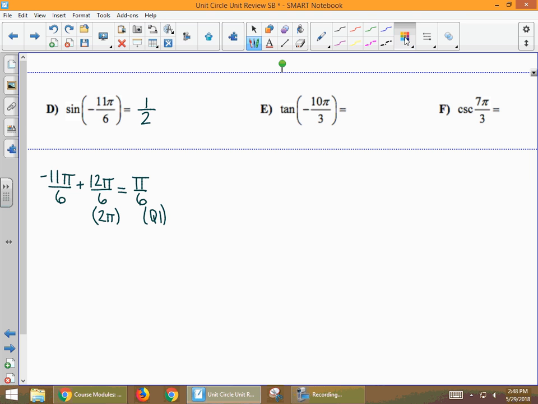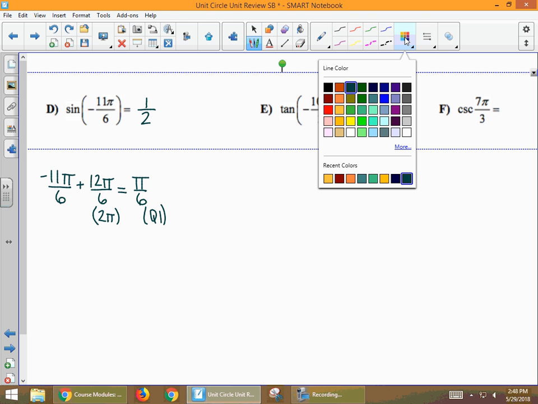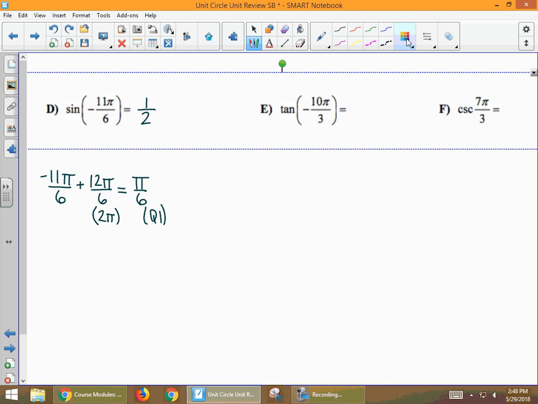All right, tangent. Don't cringe every time you see tangent. It's not that bad. Let's work with negative 10 pi over 3 first. Negative 10 pi over 3 is too small, so we need to add 2 pi. And 2 pi in thirds is 6 pi over 3. When I add 6 pi over 3, I'm still negative. It's still negative 4 pi over 3.